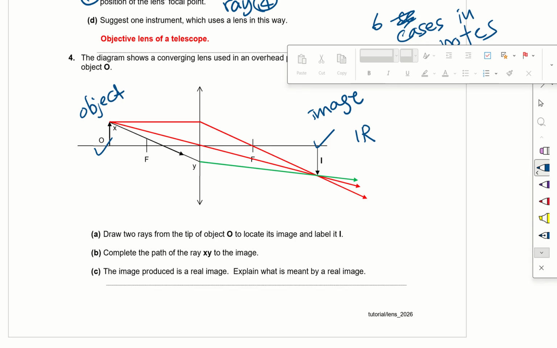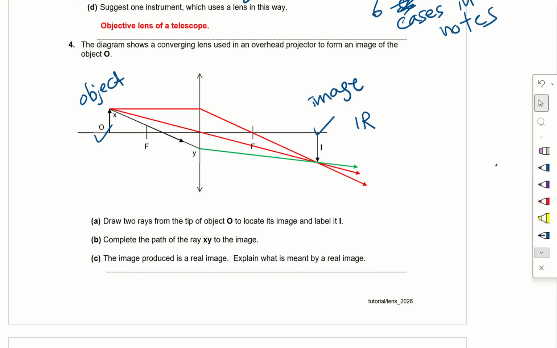Sorry, actually this image wasn't given. Okay, let me redo this. In the original question, they only give us the object.